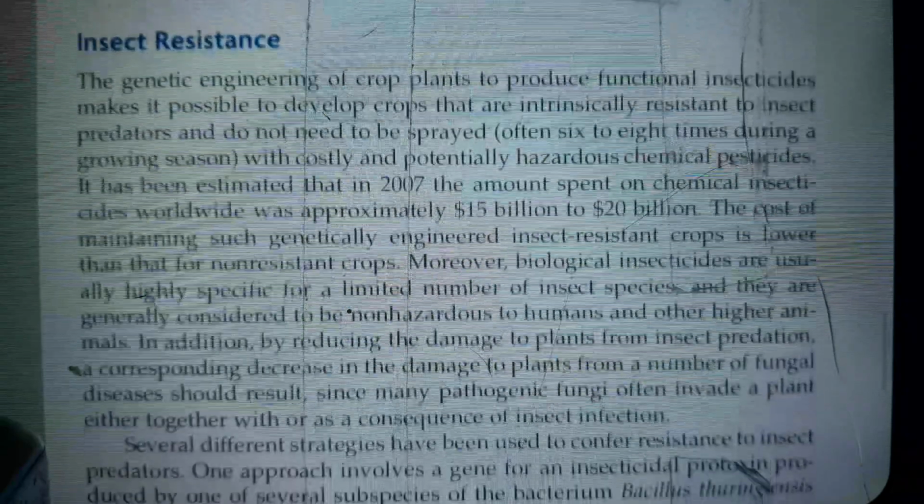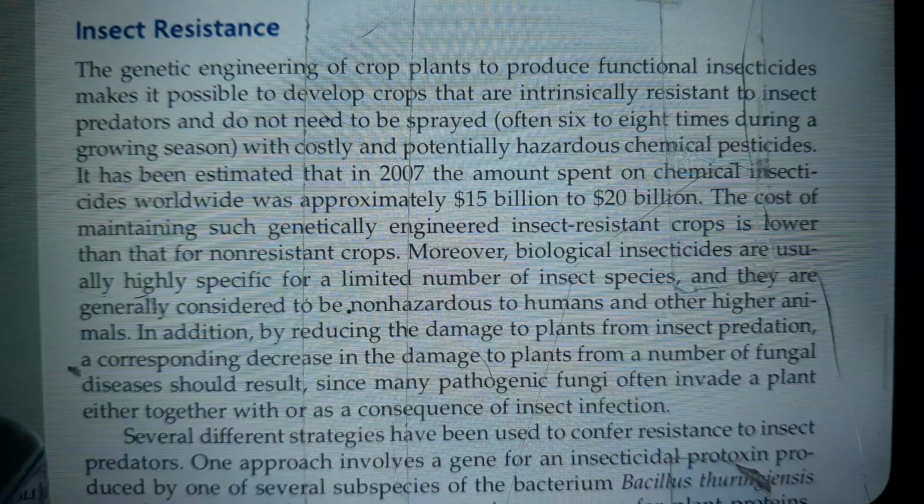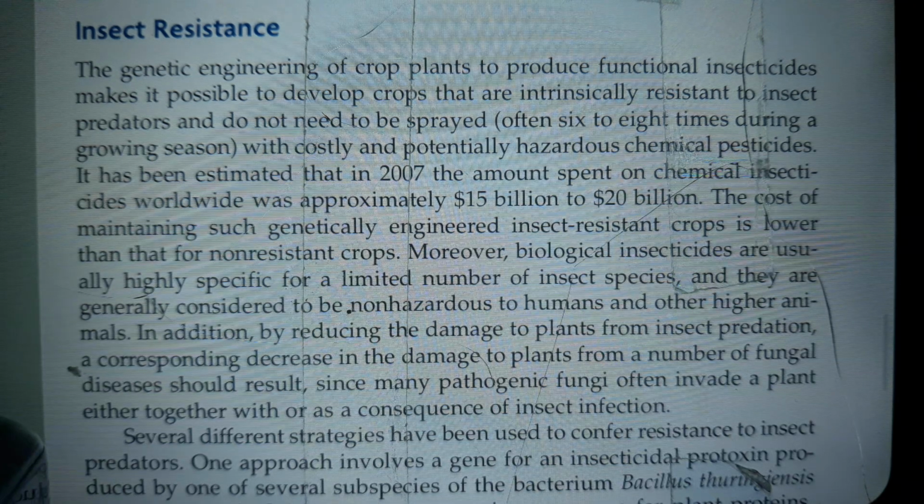Insect resistance. The genetic engineering of crop plants to produce functional insecticides makes it possible to develop crops that are intrinsically resistant to insect predators and do not need to be sprayed often, 6 to 8 times during a growing season, with costly and potentially hazardous chemical pesticides.